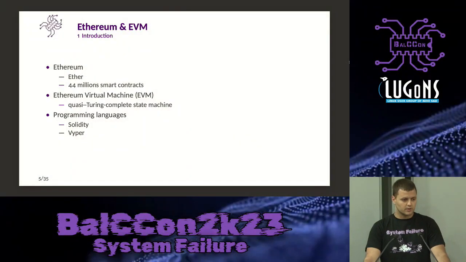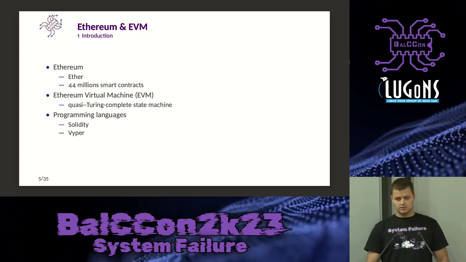The context where everything happens and where smart contracts started is the Ethereum blockchain. It's the second largest and most popular one after Bitcoin. It has the currency called Ether, and it has 44 million smart contracts deployed right now. The execution environment is called the Ethereum Virtual Machine, which is a quasi-Turing complete state machine.